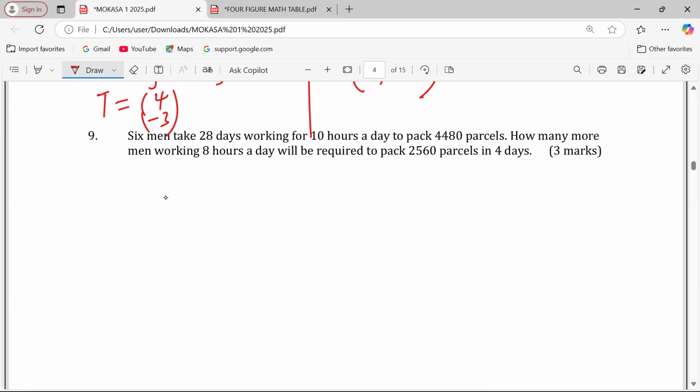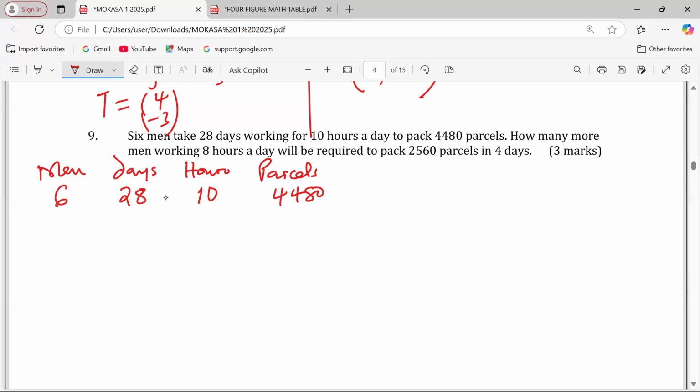So we have men, in this case, I think it's good we do a good analysis. We have men, we have the days they are taking, and we have the hours they are working a day. And then we have the parcels being packed. So 6 men, 28 days, 10 hours a day to pack 4480.